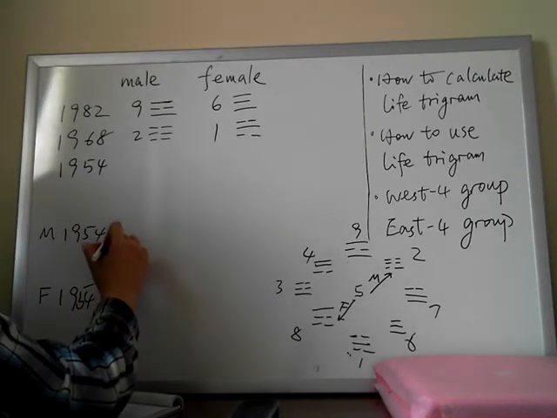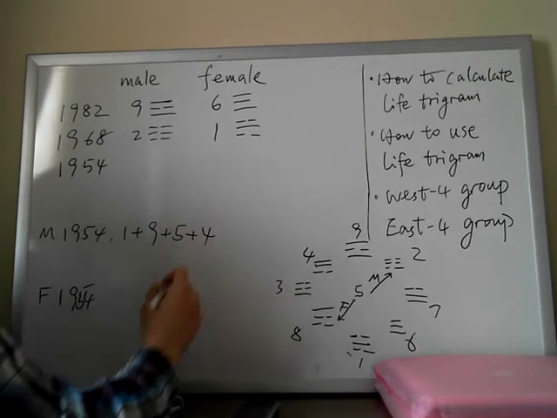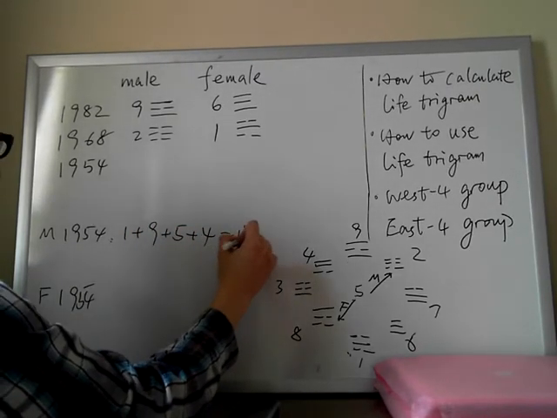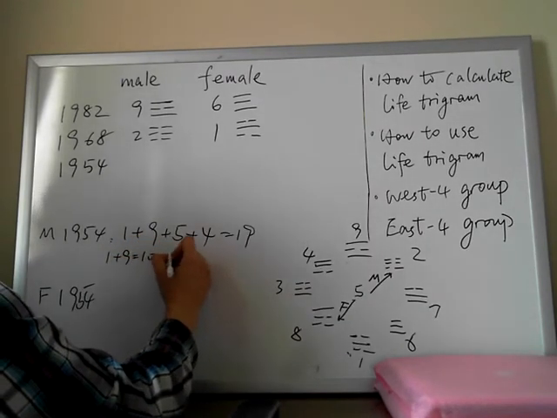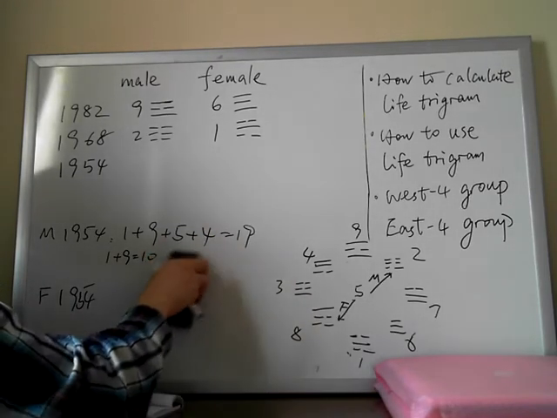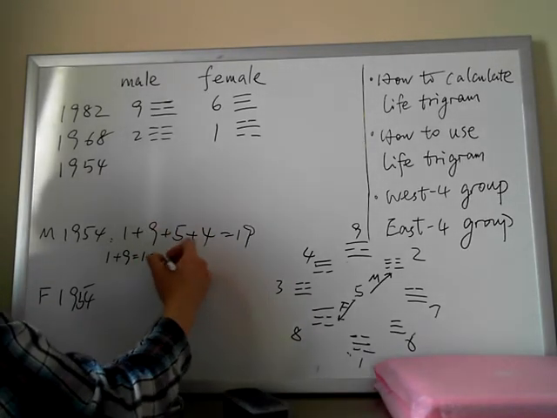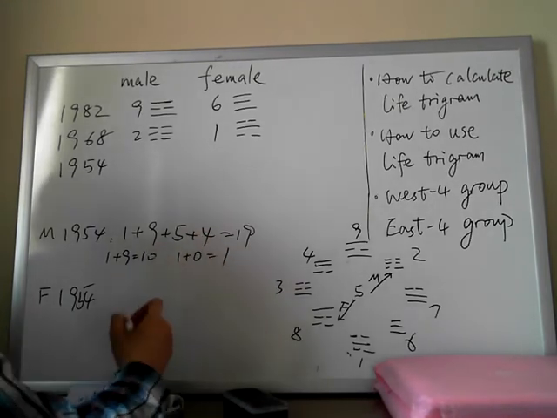(1954) 1 plus 9 plus 5 plus 4, that gives you 19. 1 plus 9, that gives you 10. 1 plus 0, more clear. Add up until you get a single digit. It's 1.